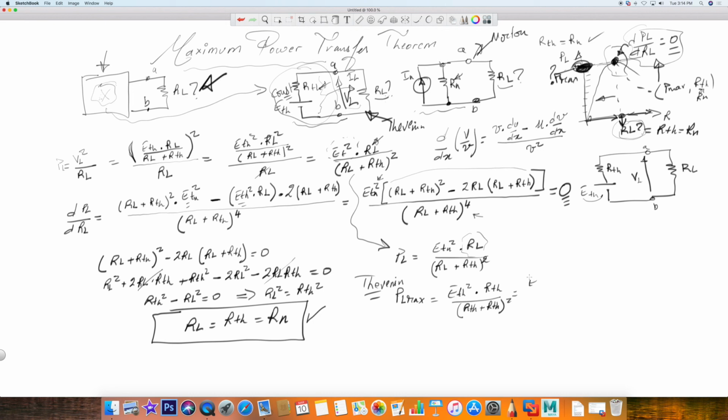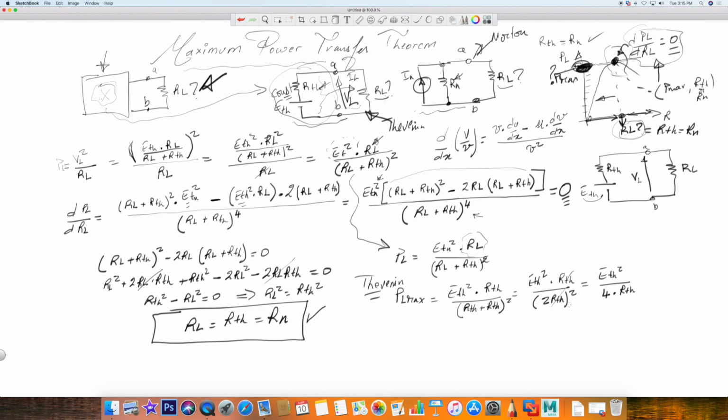That's ETH squared times RTH divided by 2 RTH, all of that squared. We could simplify this. For ETH squared, we could get rid of the RTH and RTH here. So we're left with an RTH in the denominator, except we have 4 times RTH. So if you're doing this in Thevenin, that is what you would get.